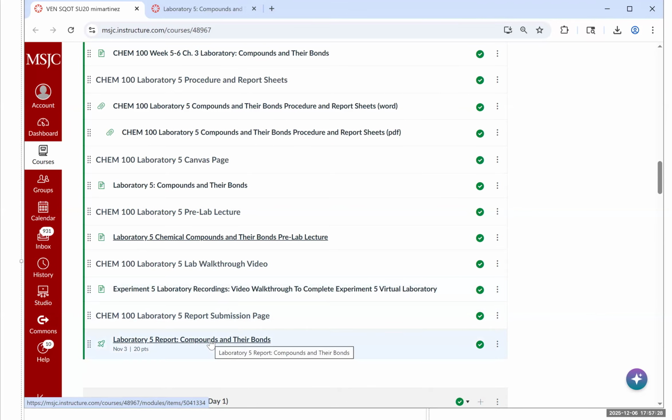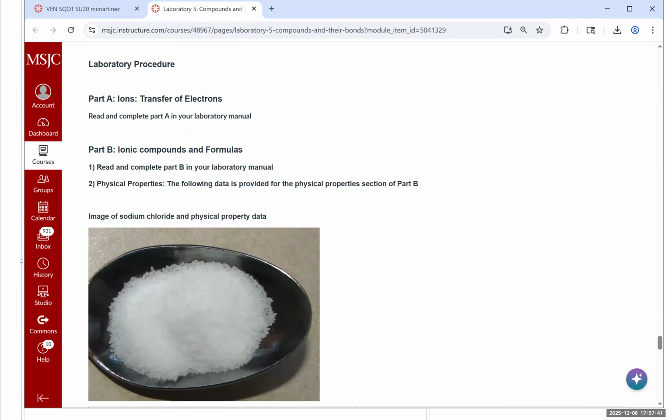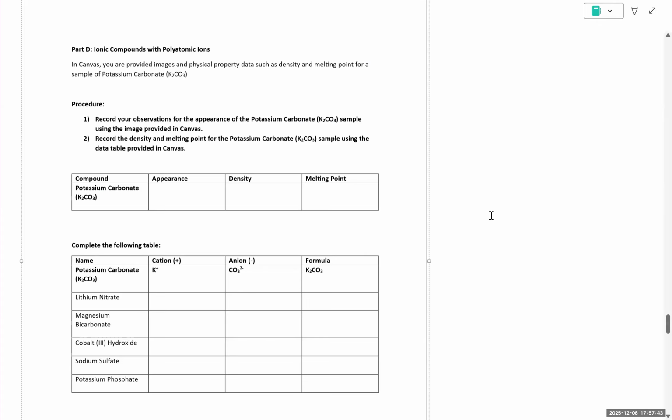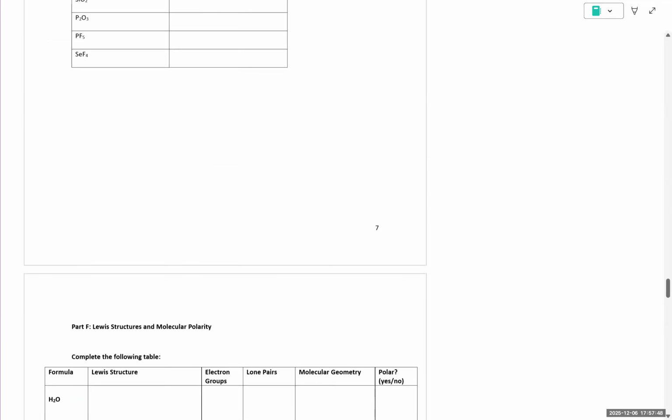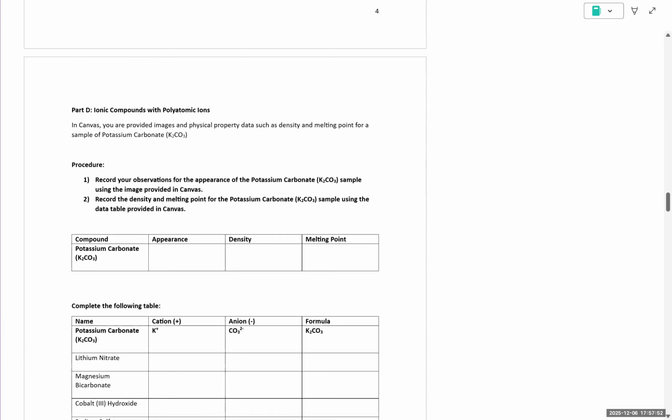Finally, once we complete all of our report sheets, you'll be turning in all of your report sheets into the section titled Laboratory 5 Report, Compounds and Their Bonds. Okay, so now that we have that introduction out of the way, here is the full set of report sheets that we'll be filling out.